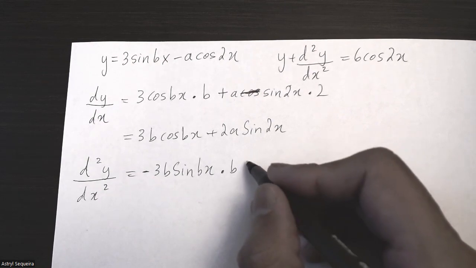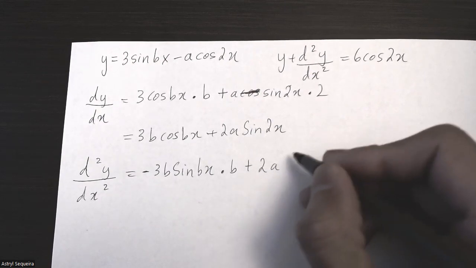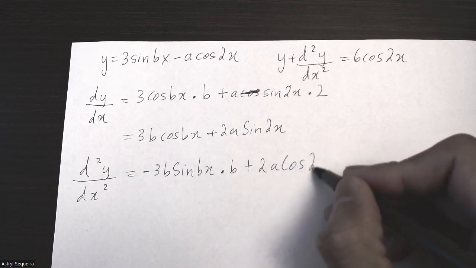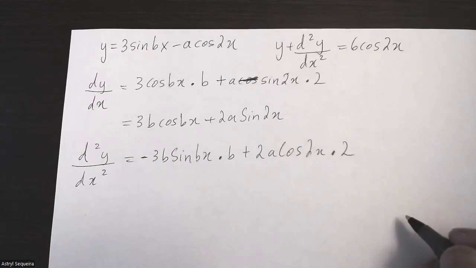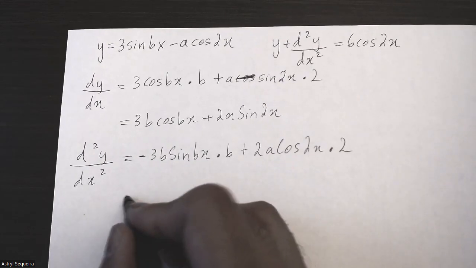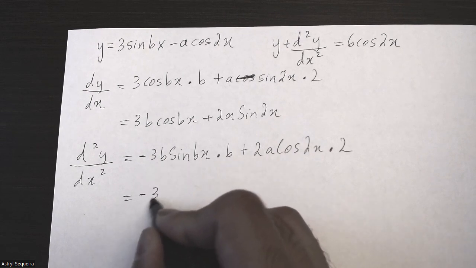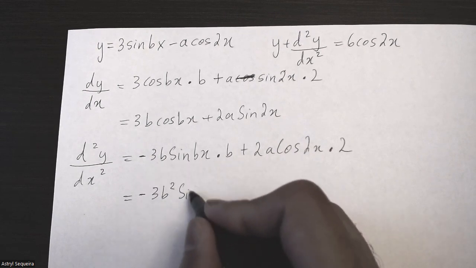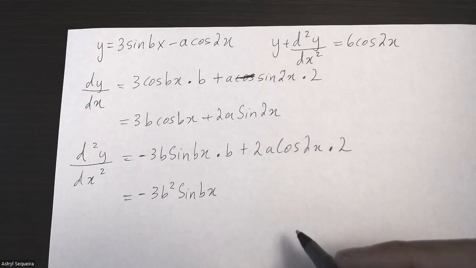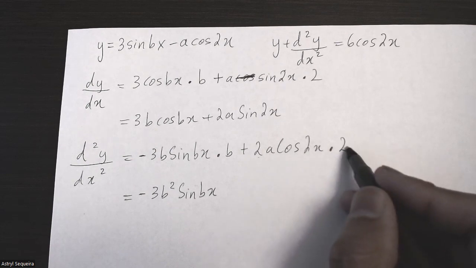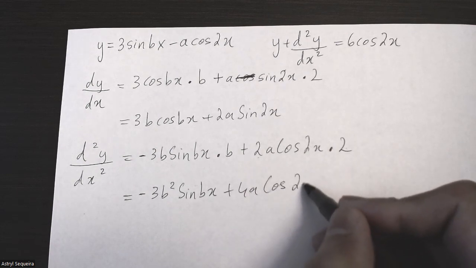And over here, if I differentiate this again, I'll get plus 2a cos 2x times the derivative of the inside, which is again 2. Simplify this a bit. So negative 3b times b is negative 3b squared sine bx, and then 2a times 2 is 4a cos 2x.